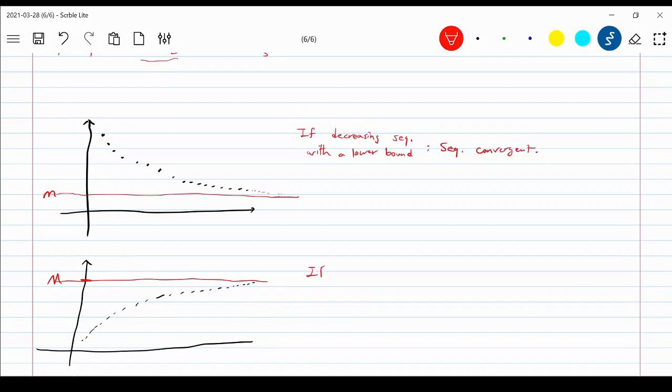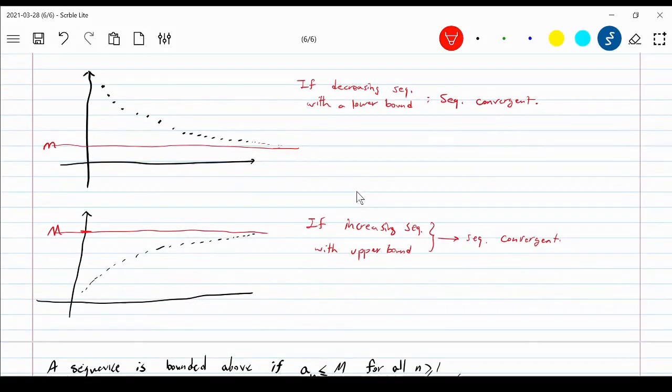Then if we have an increasing sequence with an upper bound, we get a convergent sequence. Otherwise, we can't say anything about it. If there is no bound, if it goes on forever, then we can say it's divergent. But if we can't find such a bound, and it's not always that easy, then we have to go through the process of figuring out if the limit does exist or not.